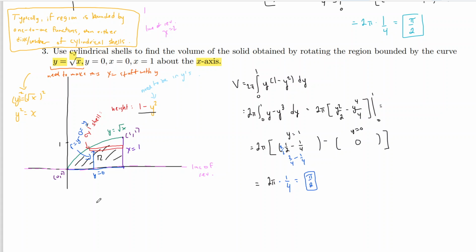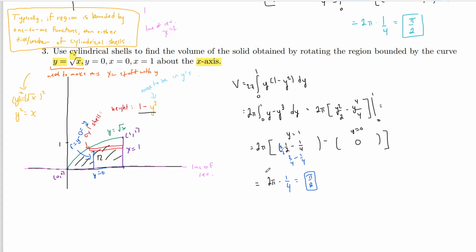So it shouldn't be hard to set up, integrate and solve that, and you should get the same thing. And it might give you the confidence that you are doing things correctly. Just a note though that you can't do both methods with every problem, so you do have to get comfortable with cylindrical shells. All right, now that's mostly what this section is about.